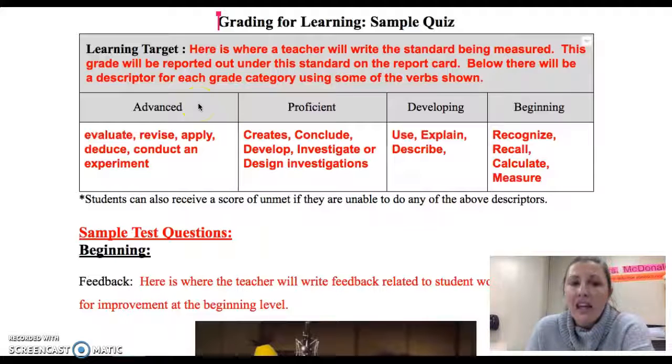However, we feel like it's a lot more straightforward and easy for parents to understand when your child comes home and says, I got an advanced on my test today, rather than saying I got a 4. We just felt like the number system was a little bit vague, and so this should give you a much clearer idea of how we're giving grades to your kiddos and what they can do for improvement, and what grading for learning looks like here at the middle school.